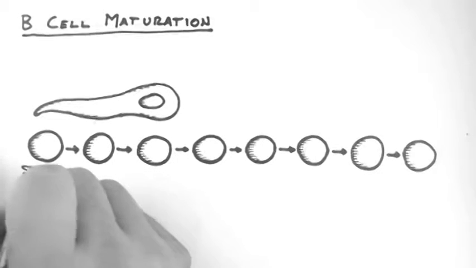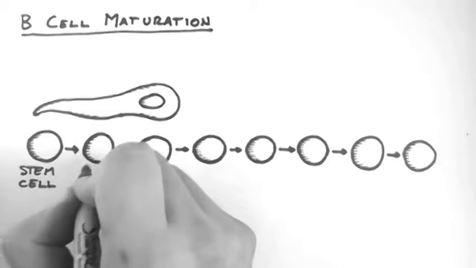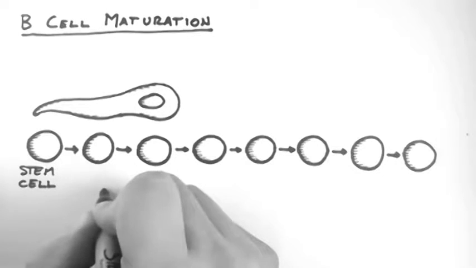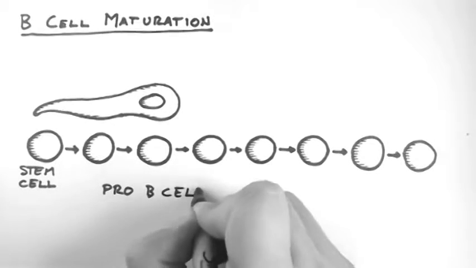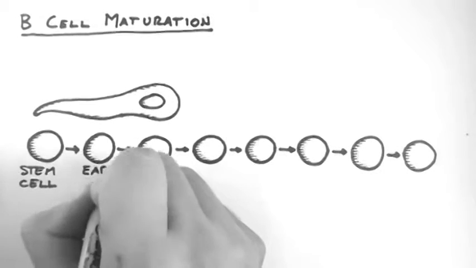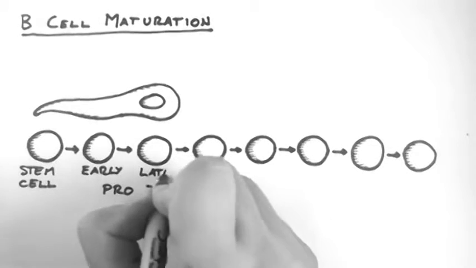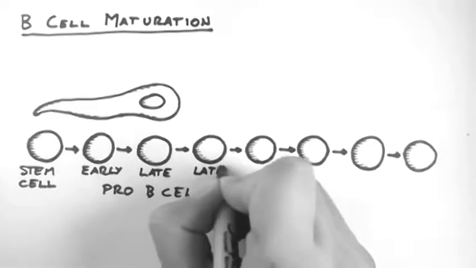B cells arise from stem cells within the bone marrow. These progress to pro-B cells, and we'll look at the differences between the early pro-B cell and the late pro-B cell.